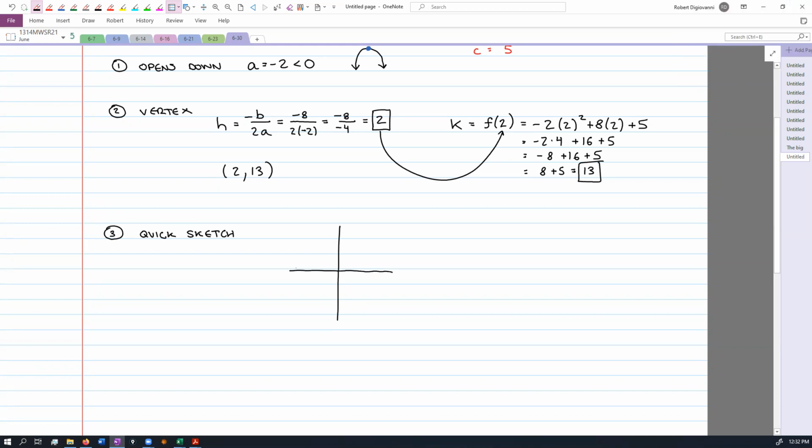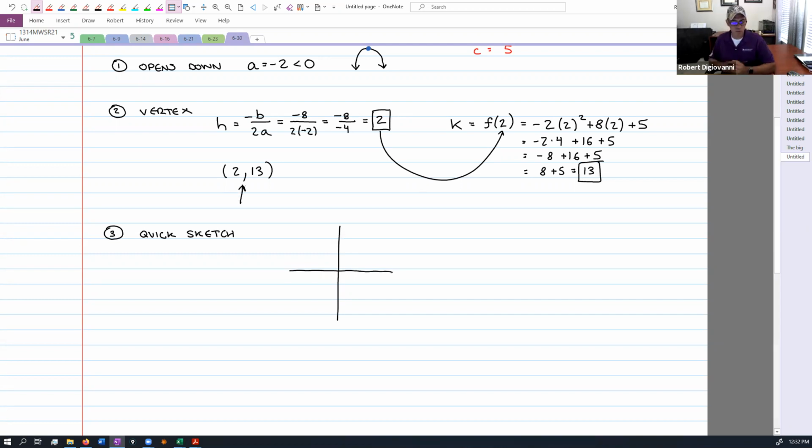You tell me the vertex, Cheyenne. I would have to go to this point, so would I move right or left to get to that point, 2, 13? I think you're muted.